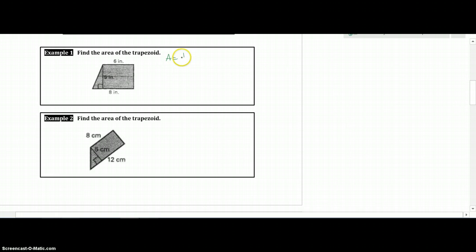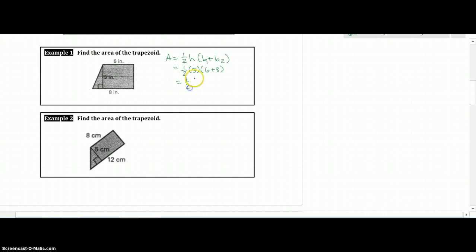area equals 1/2 height times base 1 plus base 2. Again, I am writing out the formula. That is a good practice, so that you could plug in what you know, and visually it walks you through the problem. So the height is 5, base 1 plus base 2, so 6 plus 8.